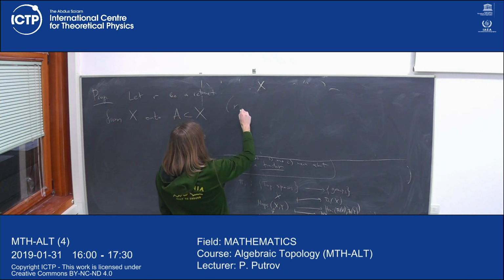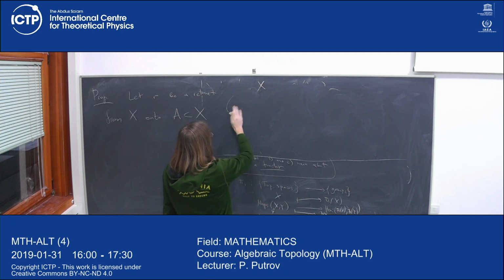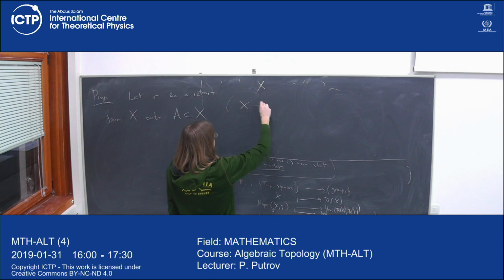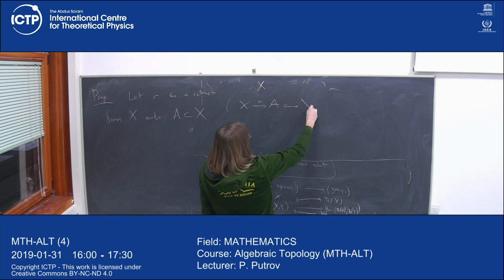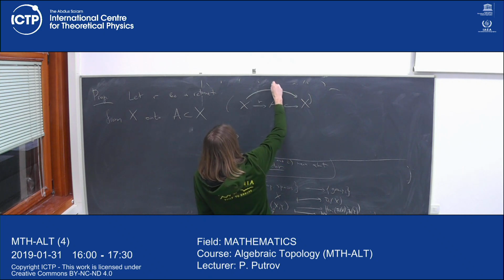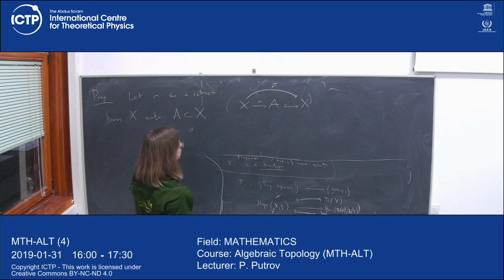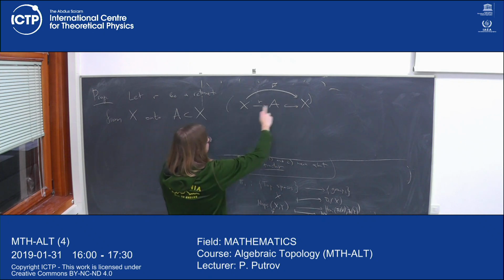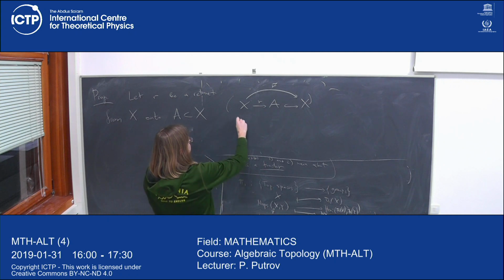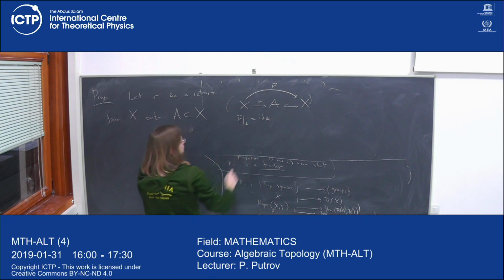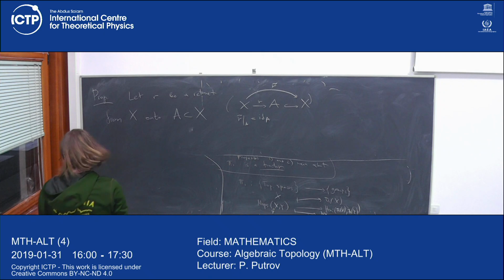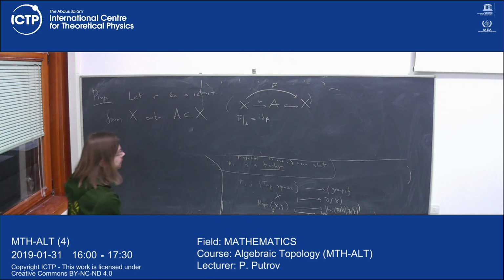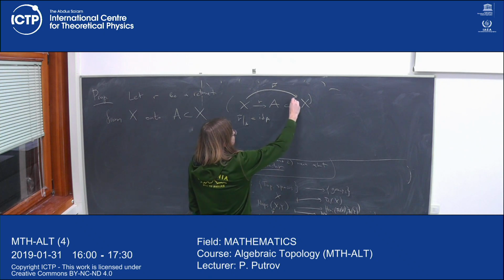To fix the notation, we have a map R from X to the subspace A, which is included in X itself, or we can define this composition R tilde such that this diagram commutes, and so that R tilde restricted on A is the same as the identity. Let me denote this embedding map as I.